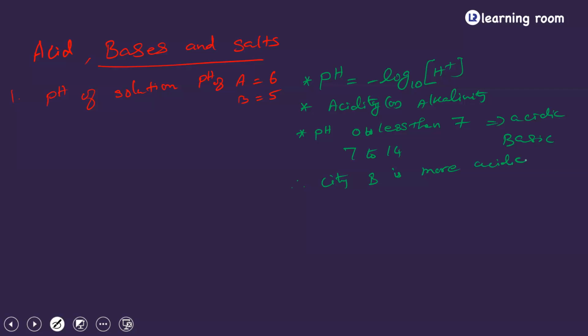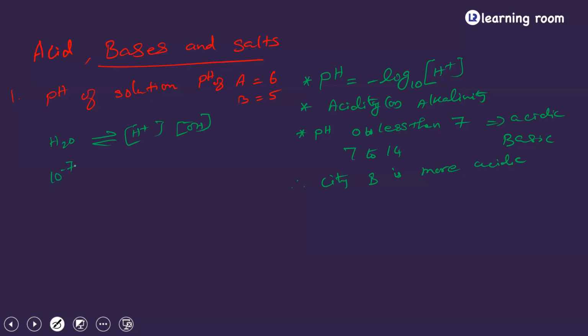Actually, you take water, H2O. When it dissociates, it gives H plus ion and OH minus ion. When you take 1 mole of water, you have 10 power minus 7 moles of H plus ion and 10 power minus 7 moles of OH minus ion.